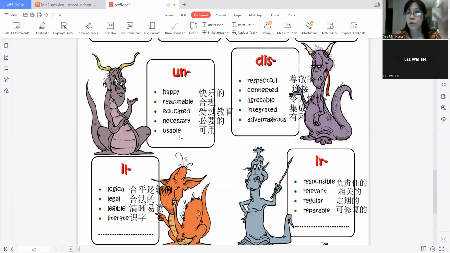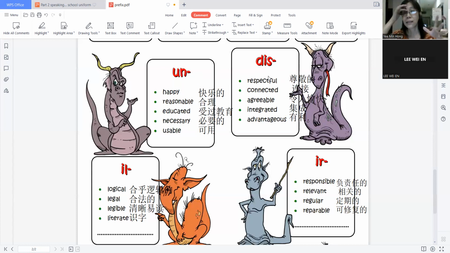All these prefixes mean no or not. Even though they are written differently, they mean the same thing. It's just that certain words go with different accessories. These are called accessories, things that a word can wear.